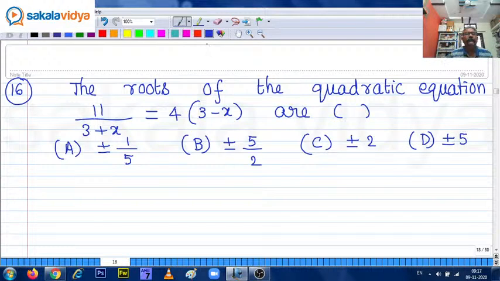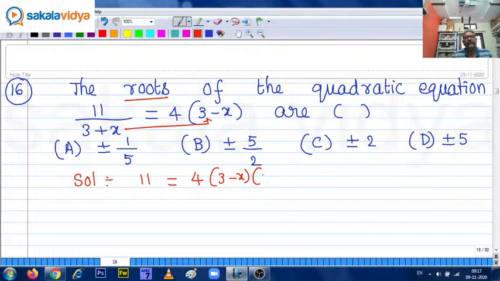So we need to find the roots of the quadratic equation. Just cross multiply like this. You get 11 is equal to 4 times 3 minus x into 3 plus x. 3 minus x into 3 plus x is in the form of a minus b into a plus b, which is one of the algebraic identities, giving a square minus b square.